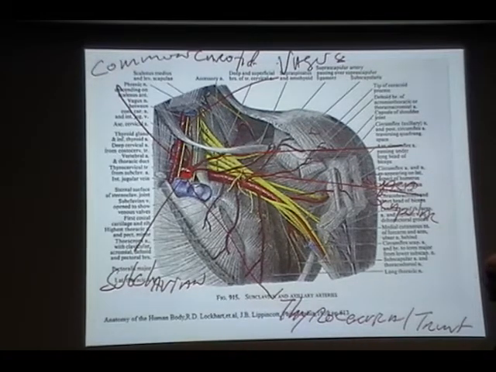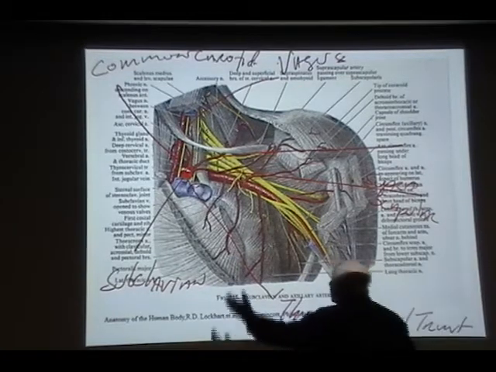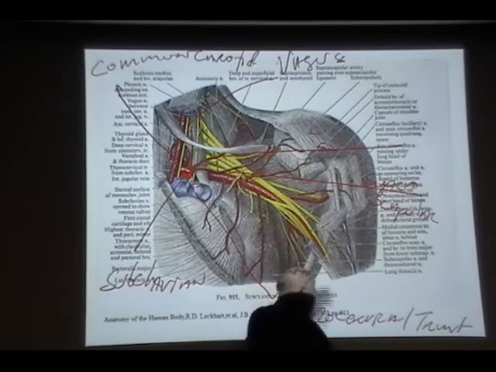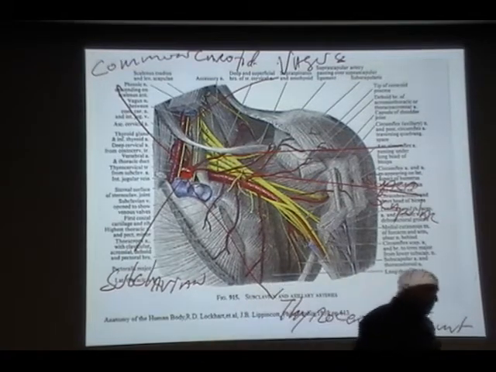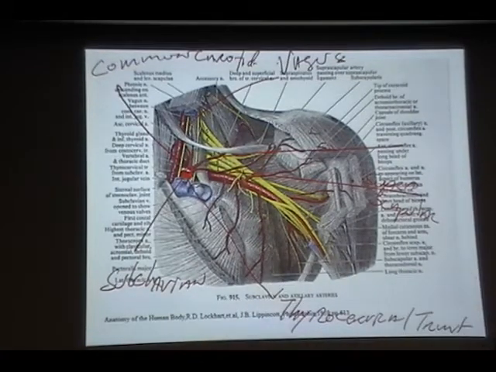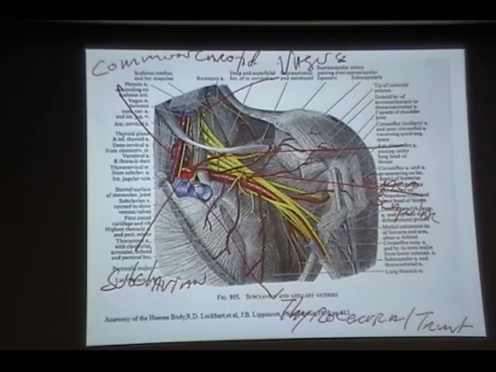So we look at this in the lab. Don't go looking out here for branches of the subclavian. The subclavian is only under the clavicle for a short period of time. So we're talking about maybe an inch of where the subclavian branches are being given off.